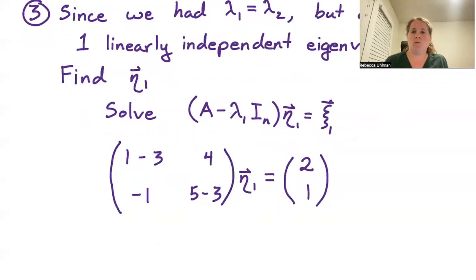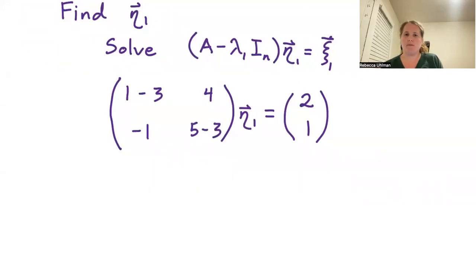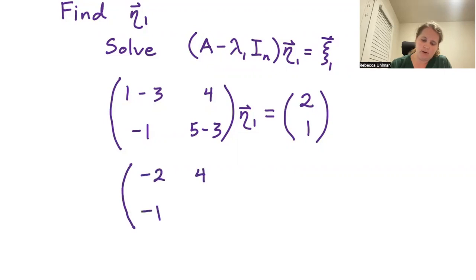So this becomes the augmented matrix. We have -2, 4, and -1, 2 for the main component of our matrix, and then with augmentation, 2, 1.